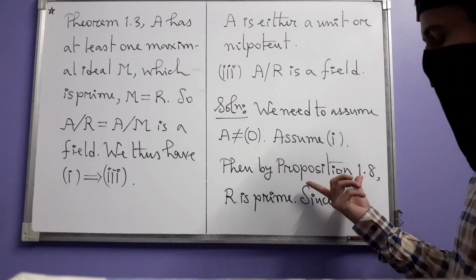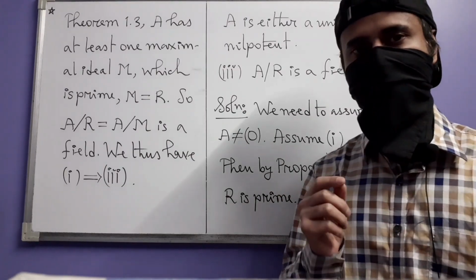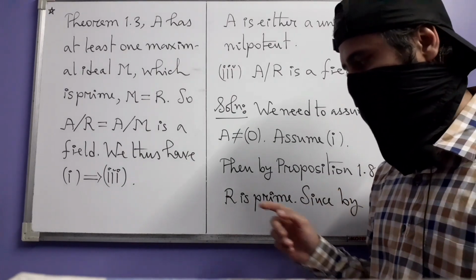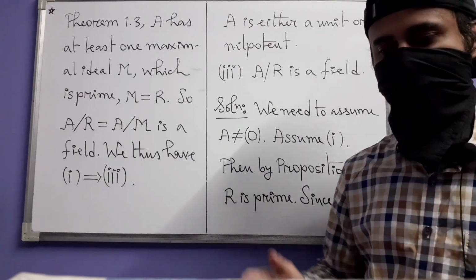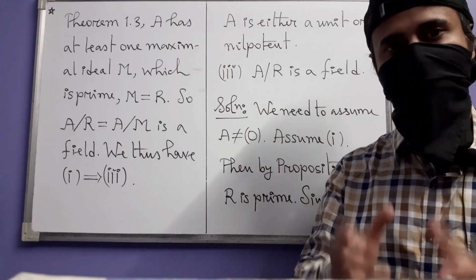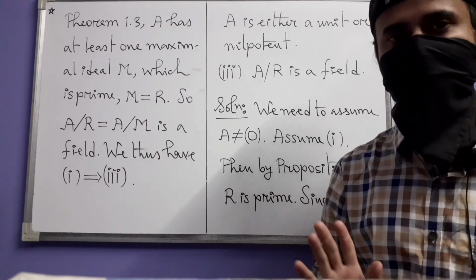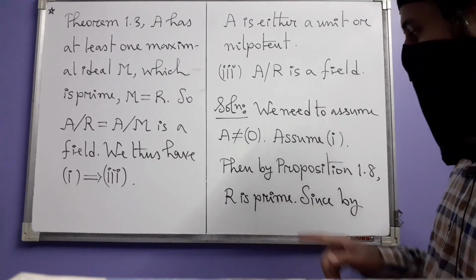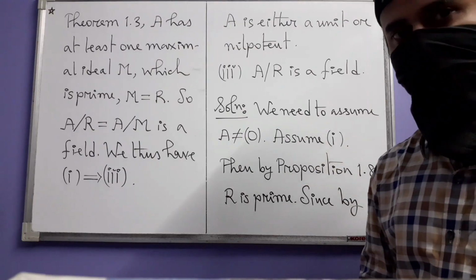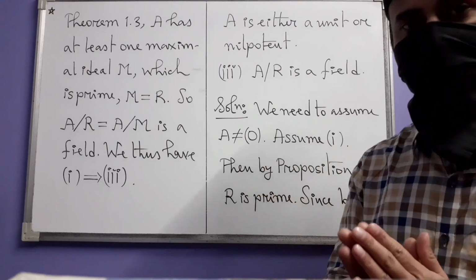You go back and see the statement of proposition 1.8. It tells us that the nil radical, which is the ideal of all nilpotent elements, is the intersection of all prime ideals in any ring. But what is our assumption 1? That there is exactly one prime ideal.